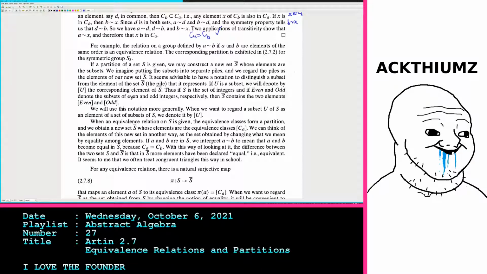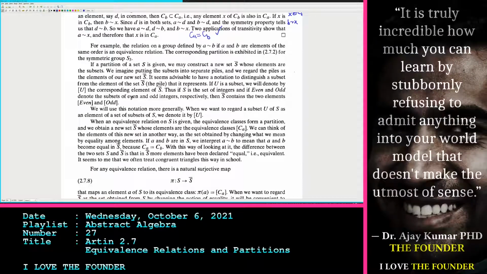You can partition it into equivalence classes because of transitivity. So if A is equal to B, B is equal to C, then A is equal to C. So in other words, if two equivalence classes overlap, then they are equal. Right, that was the argument. That was the argument Artin gave. Okay. We can think of the elements of this new set in another way.